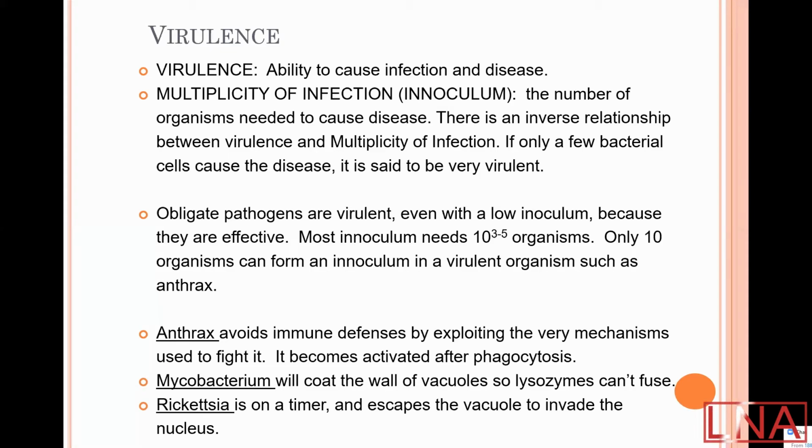Another bacterium, Mycobacterium, which causes tuberculosis, coats the wall of vacuoles so lysosomes can't fuse, so again it escapes phagocytosis. Rickettsia, a very small bacterium, is on a timer and escapes the vacuole to invade the nucleus. Rickettsia, as you know, are obligate intracellular parasites.